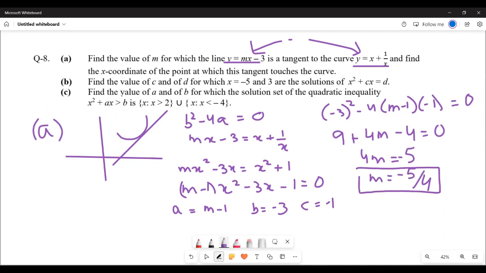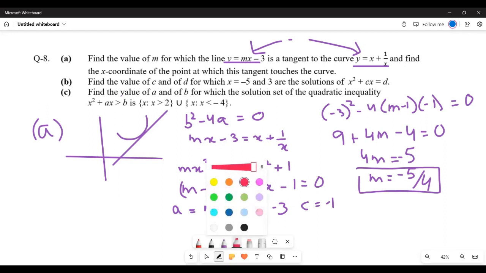That's the value of m. Okay. We've just done this. Find the value of m.